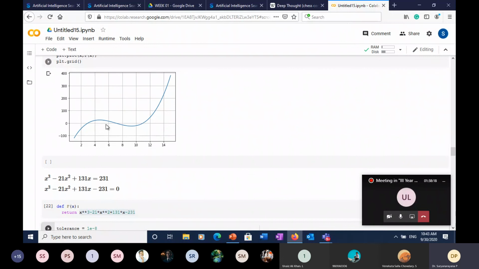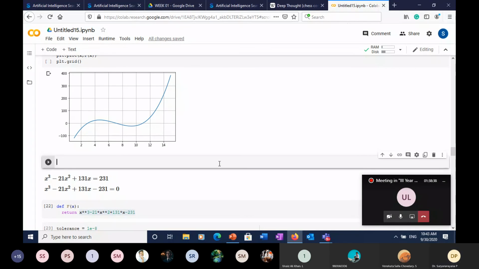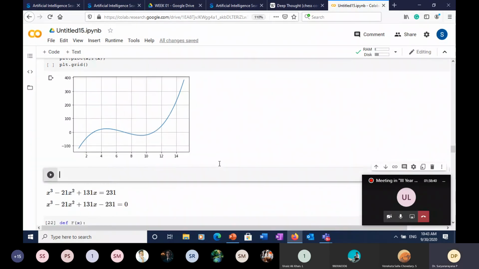Look at it carefully. Can someone predict what happens if I give 2 and 8 as the initial bracket? Anyone? I'll zoom in for you.